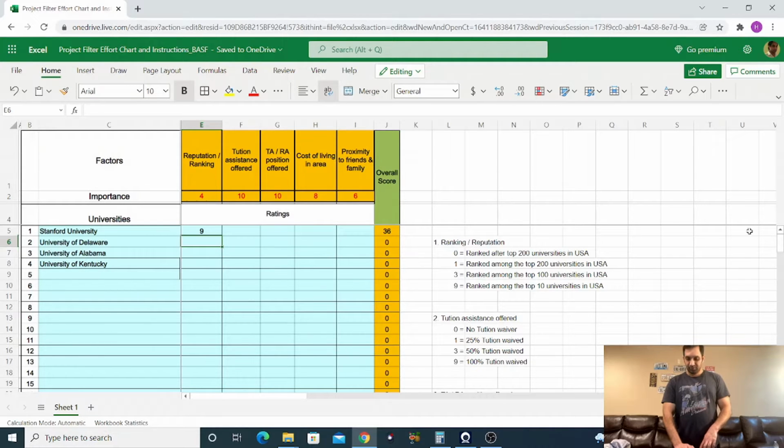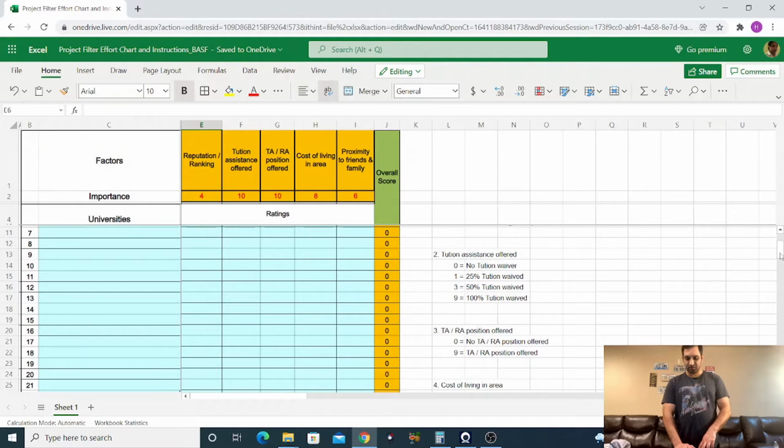Tuition assistance offered. So again, as I mentioned, tuition and assistantships have been segregated here. So tuition refers to your tuition fee, which can be quite hefty here in the US for international students. It's typically between 30,000 to 50,000 a year.